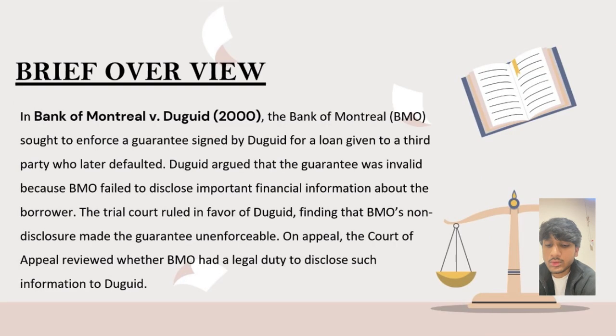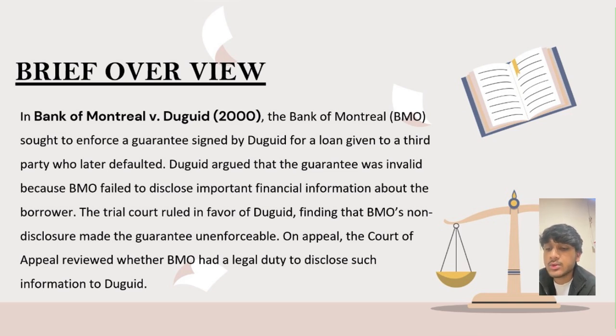Moving on to a brief introduction for this case study. In this case, the Bank of Montreal, BMO, sought to enforce a guarantee signed by Duguid for a loan given to a third party who later defaulted. Duguid argued that the guarantee was invalid because BMO failed to disclose important financial information about the borrower.